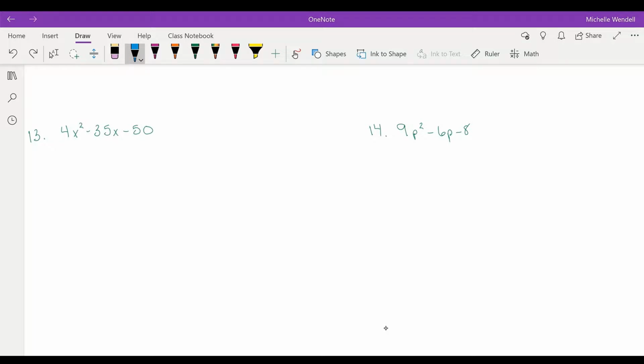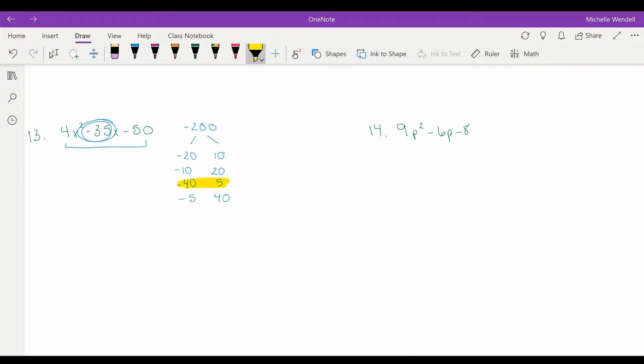And how we're going to do that is take a times c, which is going to give me negative 200, and I'm going to break that down, keeping in mind what my b value is, which is negative 35. So I could have negative 20 and positive 10, negative 10, positive 20, negative 40 and positive 5, negative 5 and positive 40.